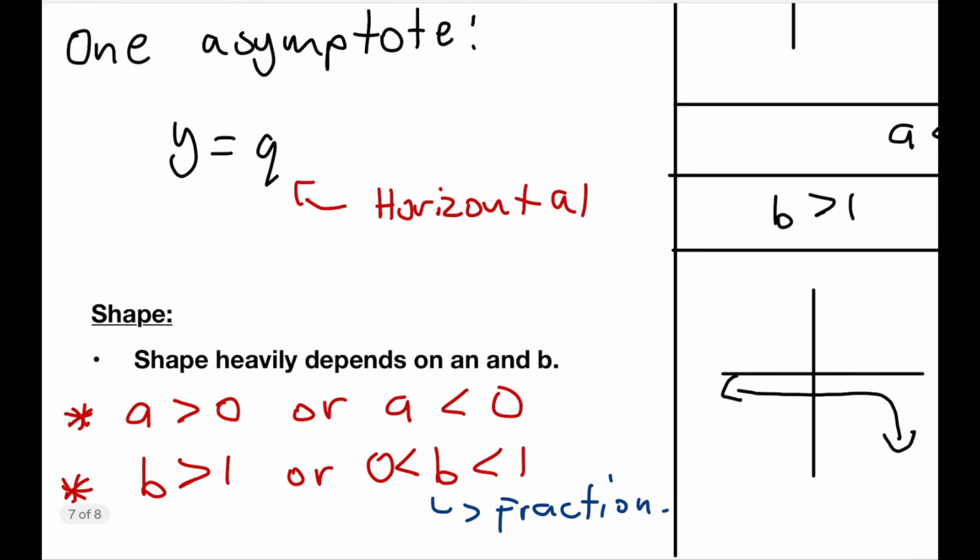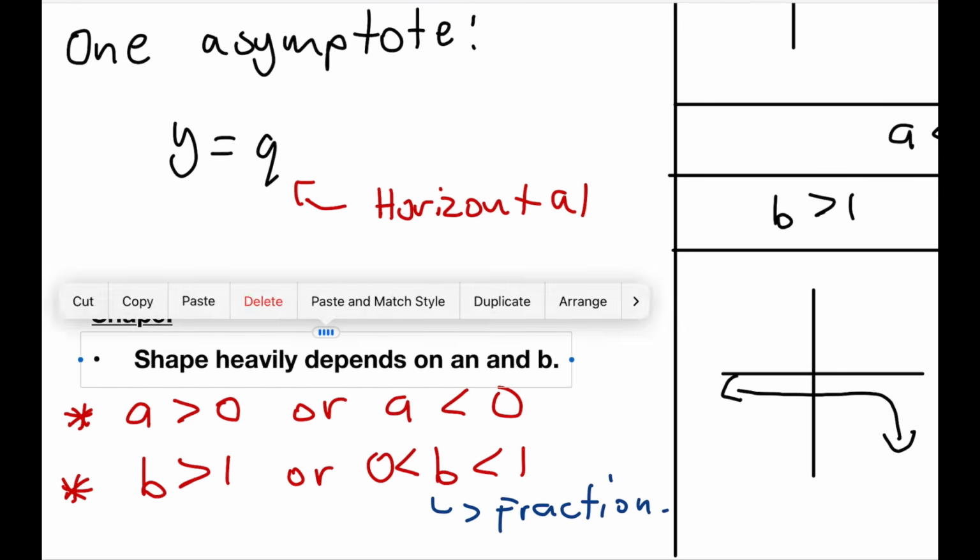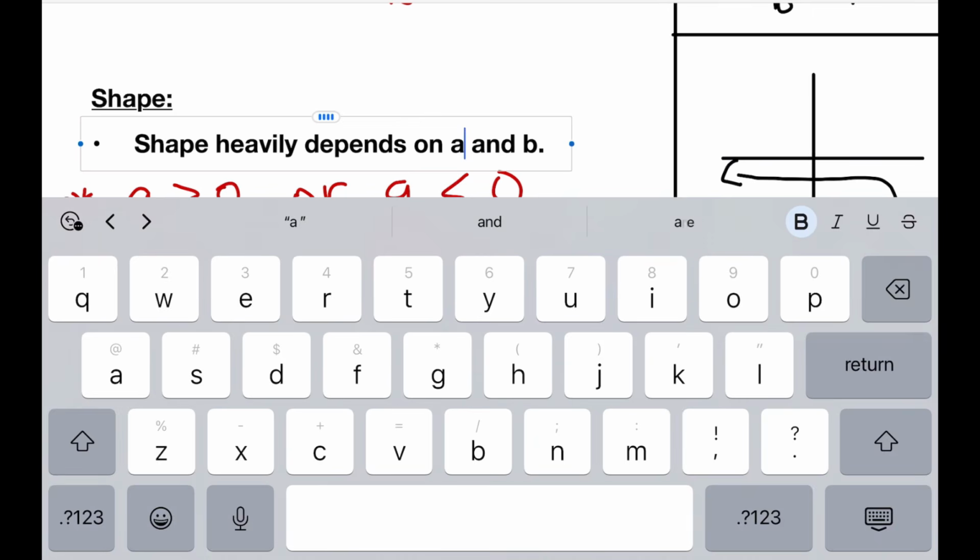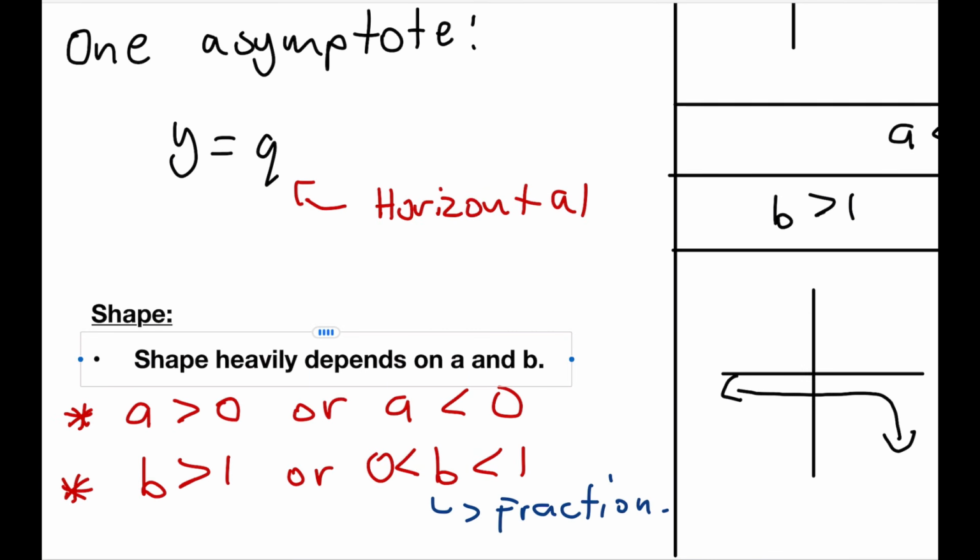Now, the shape depends heavily on a and b. Let me fix this part of the notes quickly. And by the way, I will attach the notes below and you can follow along. a can either be greater than 0 or less than 0. b can either be bigger than 1 or between 0 and 1, in other words, a fraction.